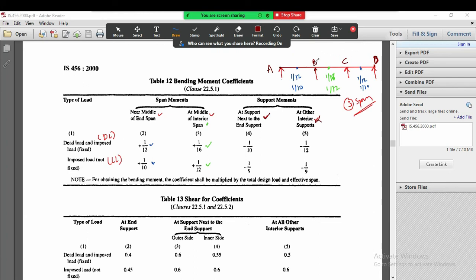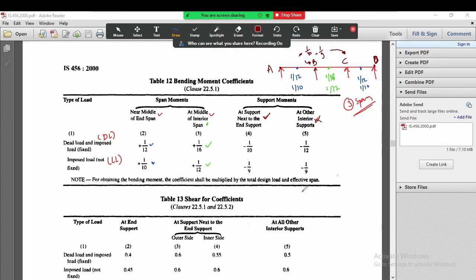So here, what are the coefficients? The coefficients are minus 1 by 10 and minus 1 by 9 for dead load and live load at both these points, C and B. Okay, so in this way we are going to use these coefficients.